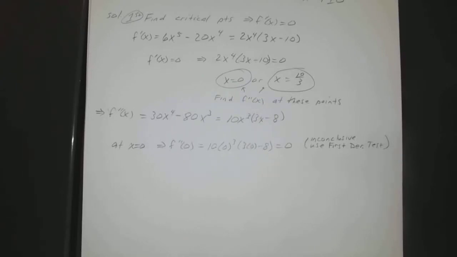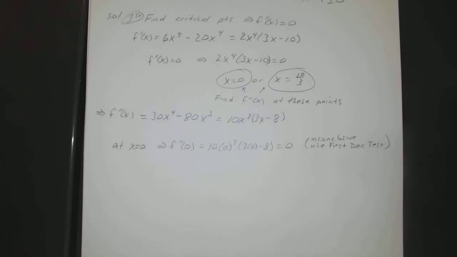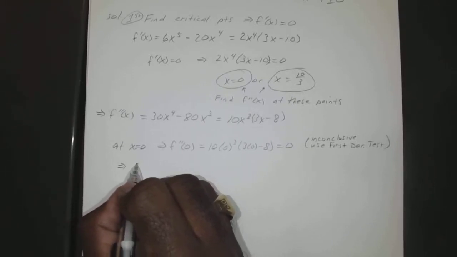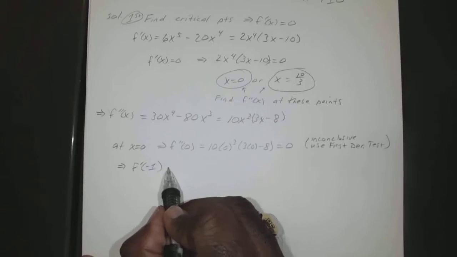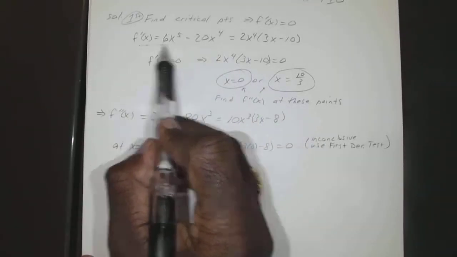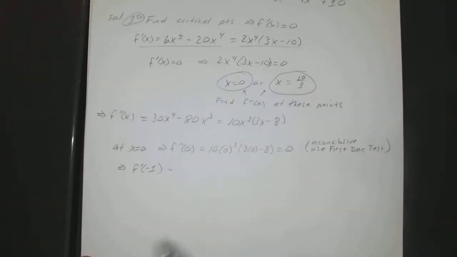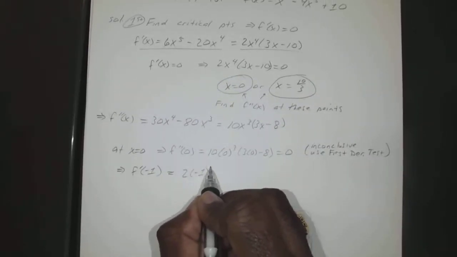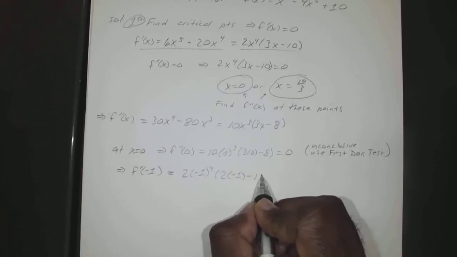Okay. So since our other critical point is 10 over 3, we can still use negative 1 and 1. Okay, so let's see at f prime of negative 1. Remember, we're using our first derivative, or we can use the factored one, which would be a lot easier. That's 2 times negative 1 to the 4th times 2 times negative 1 minus 10.